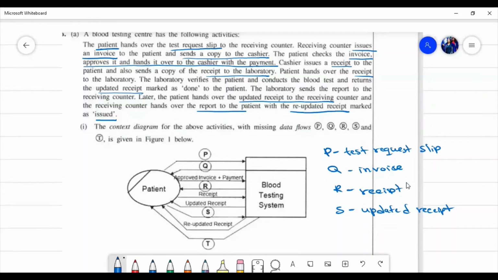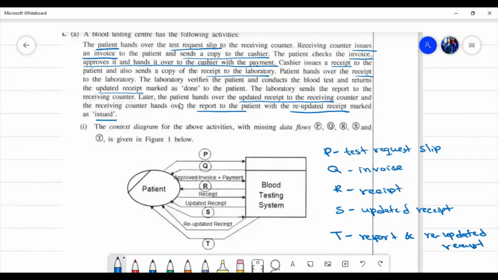Then the receiving counter hands over the report to the patient with the re-updated receipt marked as issued. So what is T? T should be two things: the blood report and the re-updated receipt.